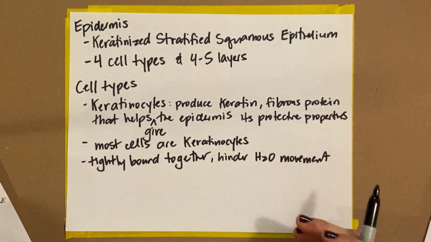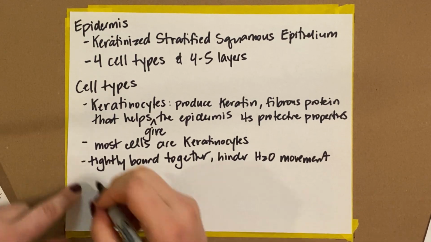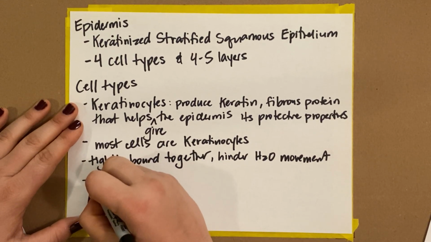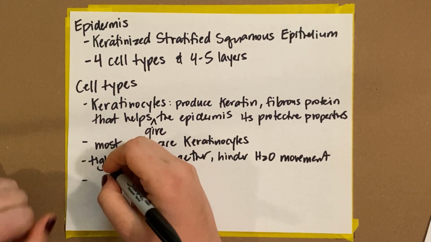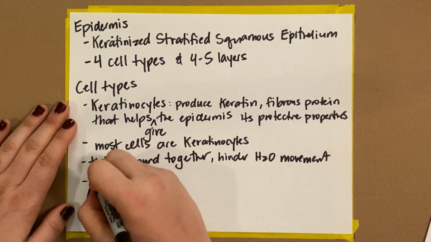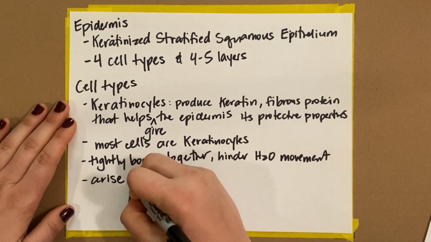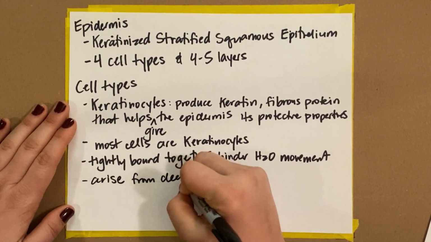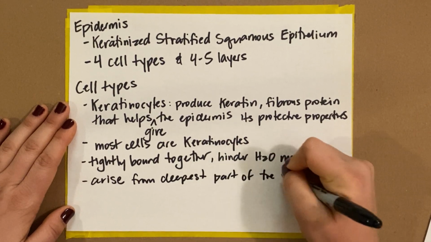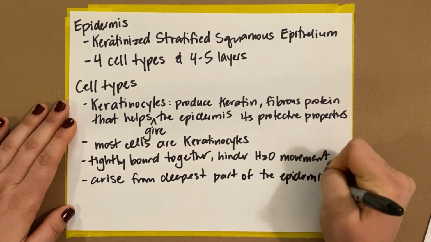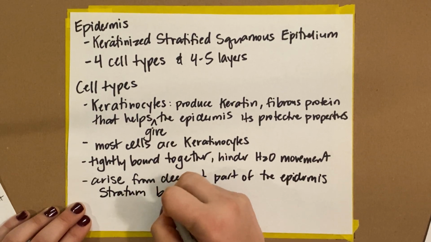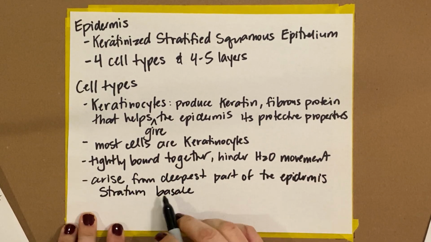Okay. So where these are produced, they are going to be coming from the very bottom layer of the epidermis, which we'll name in a little bit, which is going to be the stratum basale. So we'll write that here: they arise from the deepest part of the epidermis, which is called the stratum basale, or basal.